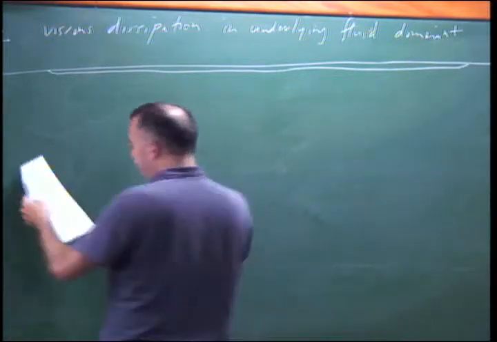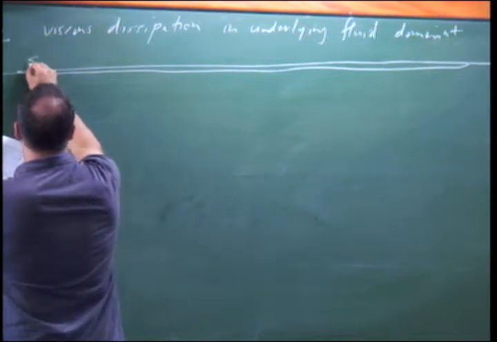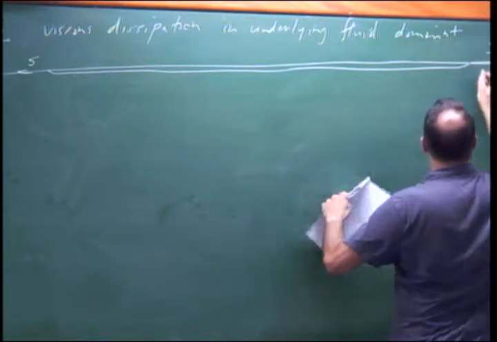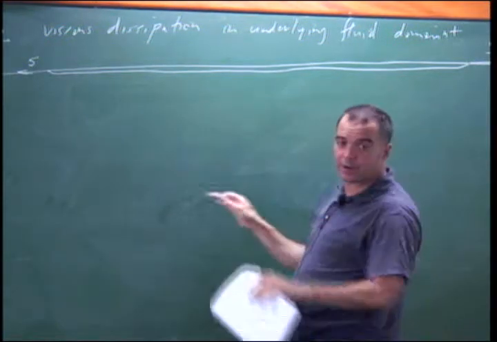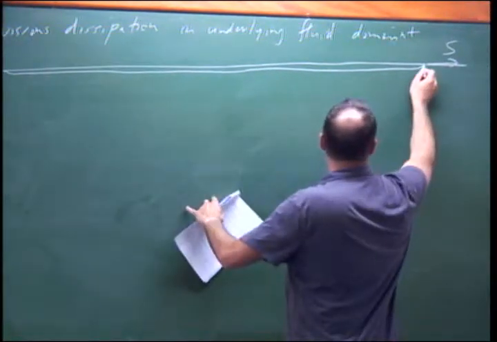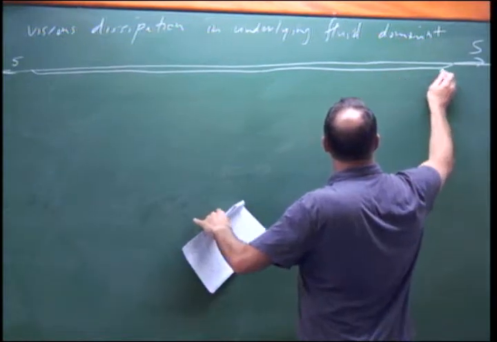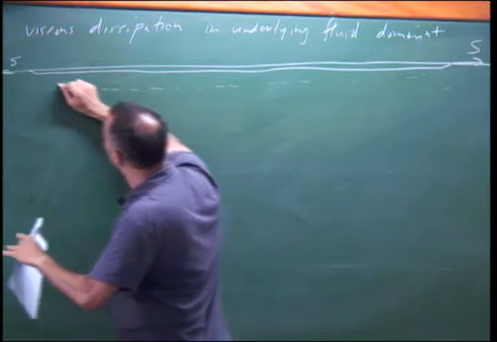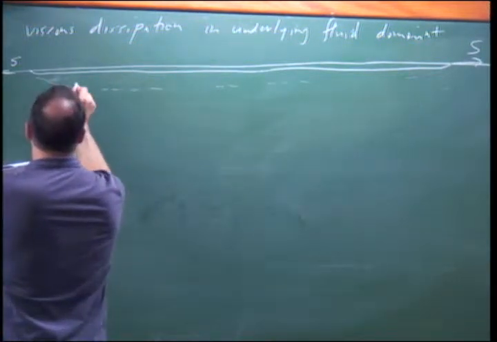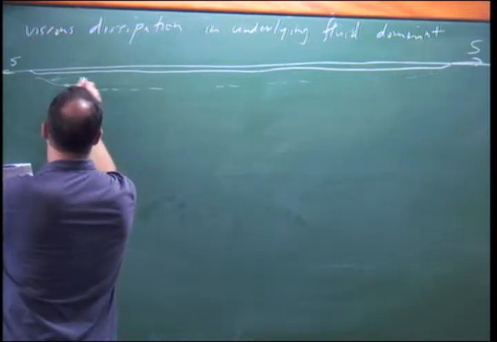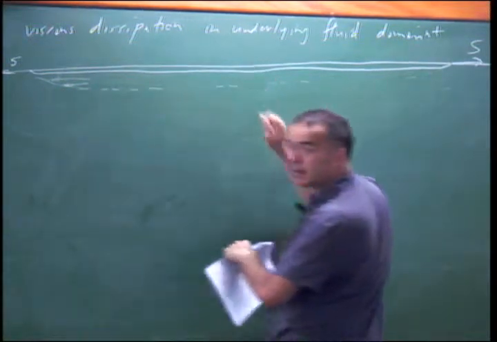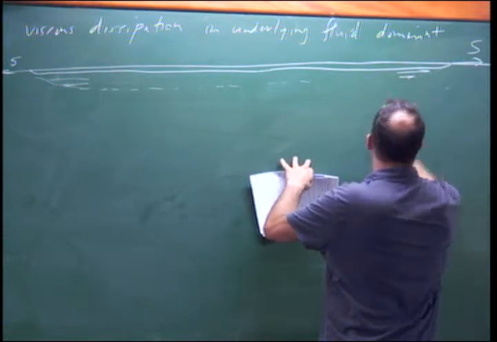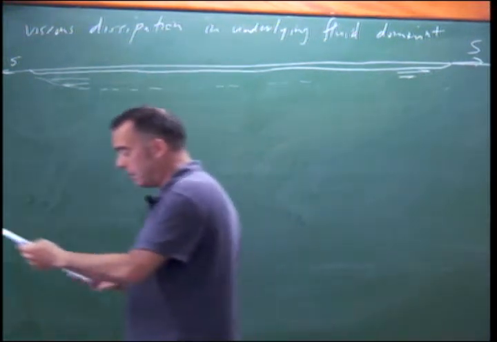As it spreads in response to S, you basically get a growing boundary layer, which is thickening. And it's the dissipation in this layer rather than the other layer, simply because it's much larger, that is going to dominate the resistance.